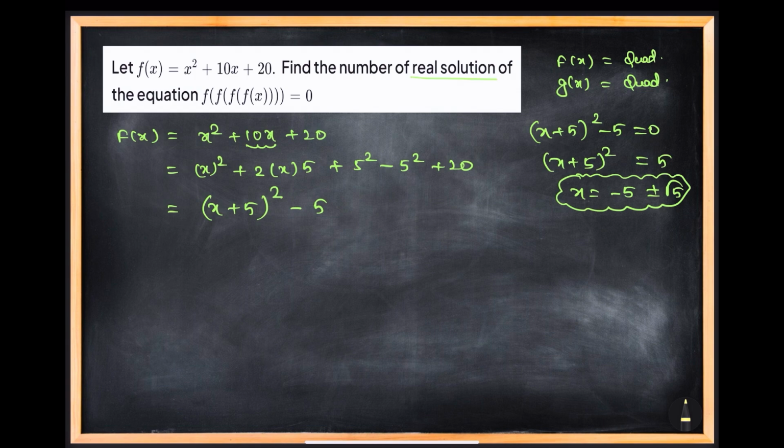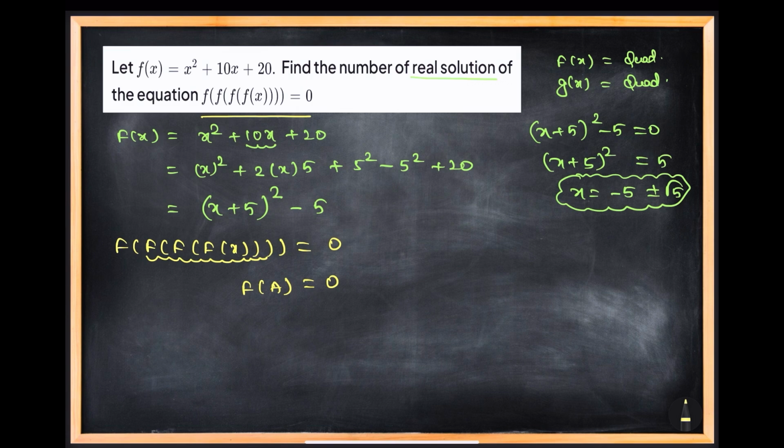Now we have to find this thing. So it is f of f of f of f of x to be 0. Now suppose that this person is a. So I am assuming this to be a, so can I write f of a equals 0?